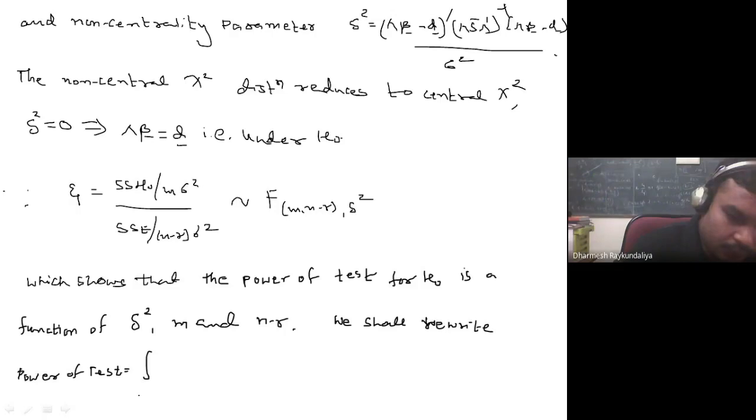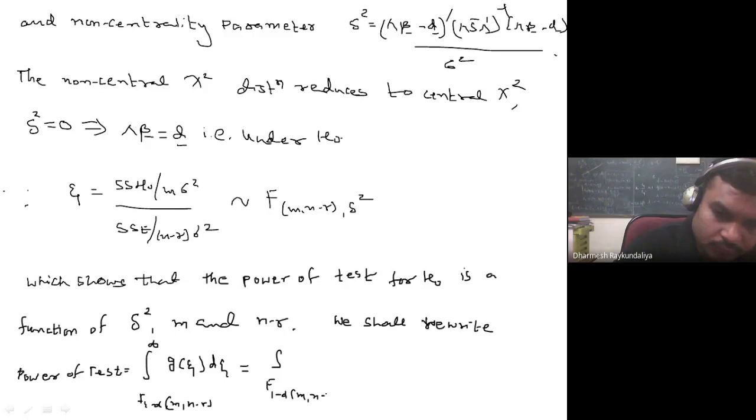That is, you have written it as the integral from F 1 minus alpha m n minus r to infinity of g of xi d xi, which can be written as such because it is a function of m n minus r delta square. So g of xi is a function of m n minus r delta square. So this is equation star.